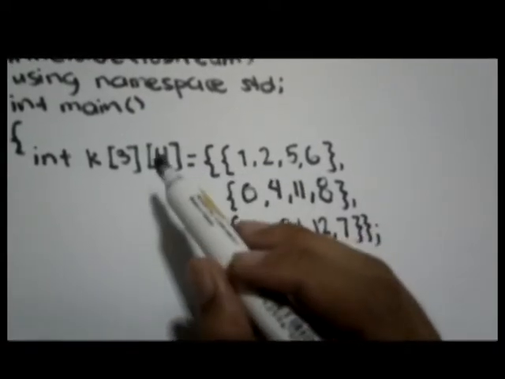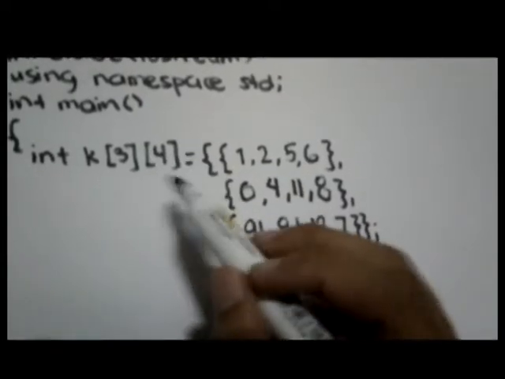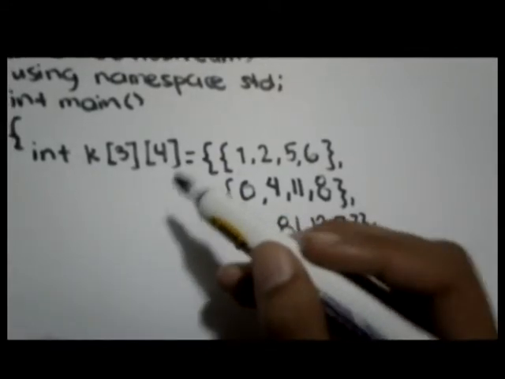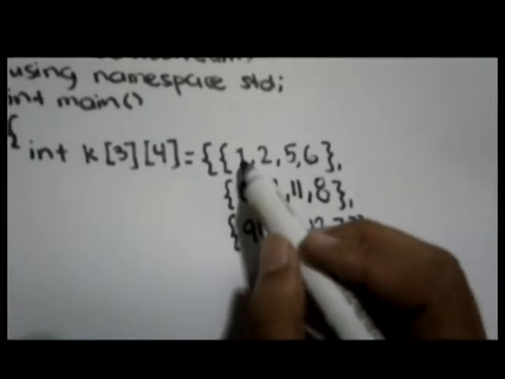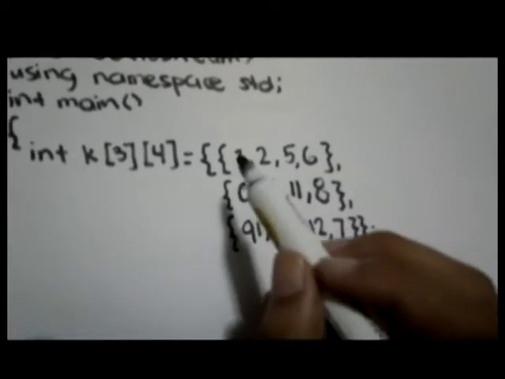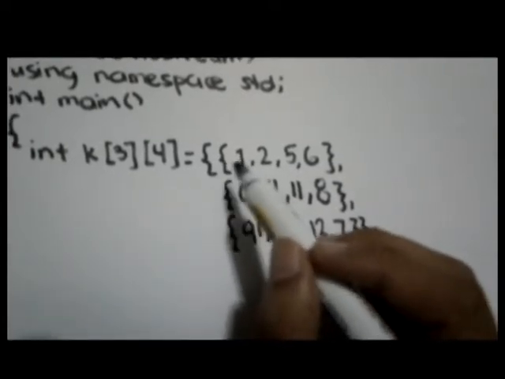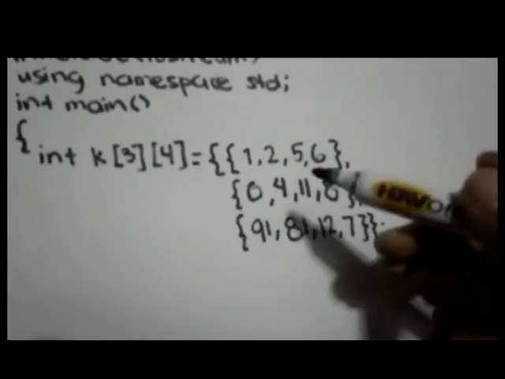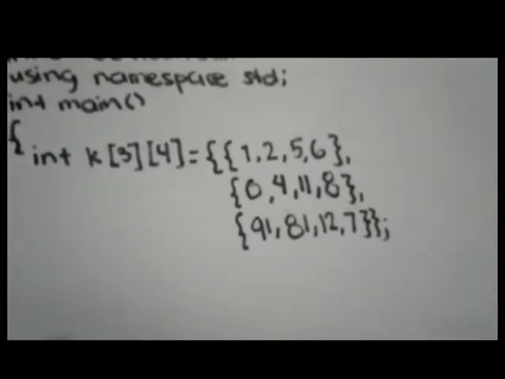And in another place, insert 0. So cout K[0][0], and it will display the number 1 because it is in the 0 row and 0 column, as you can see in the table here.